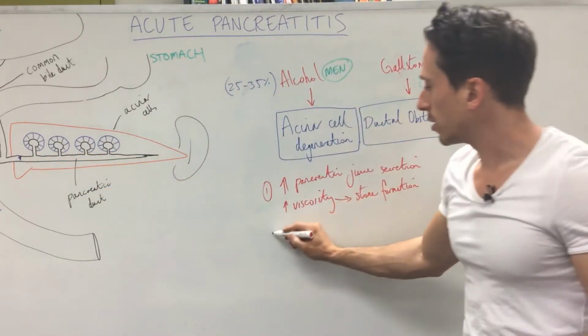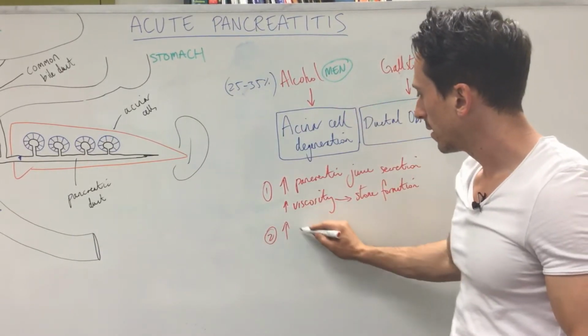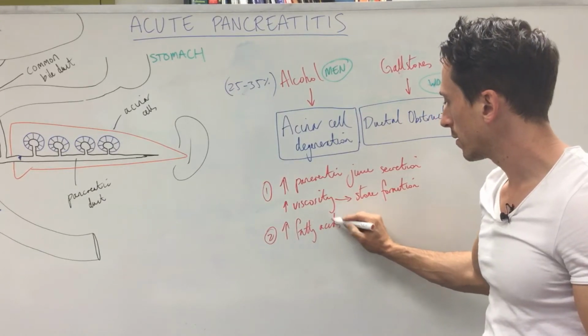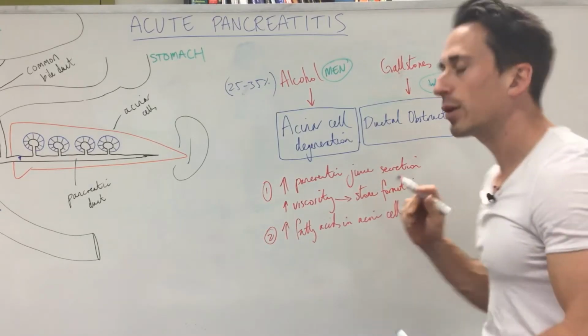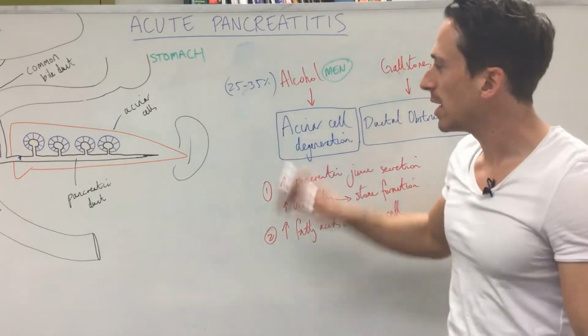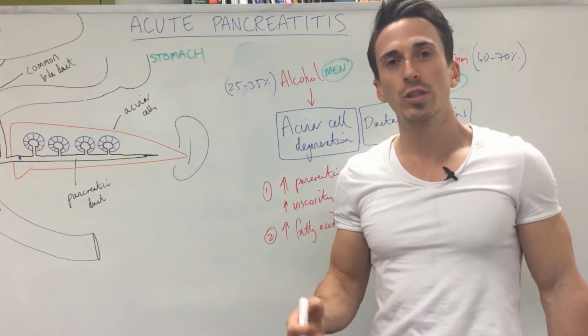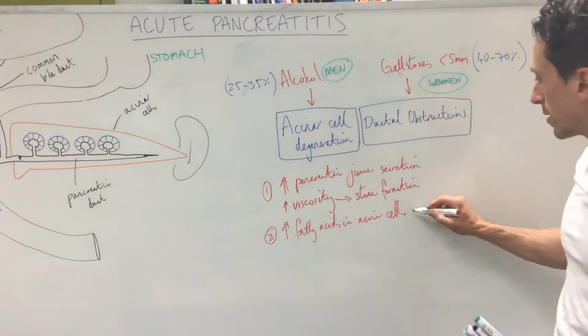What else can alcohol actually do? Well, alcohol can actually increase the amount of fatty acids in the acinar cells. And if you increase the amount of fatty acids in the acinar cells, it increases what's called fatty acid degeneration and can result in one, necrosis, and two, oxidative stress.